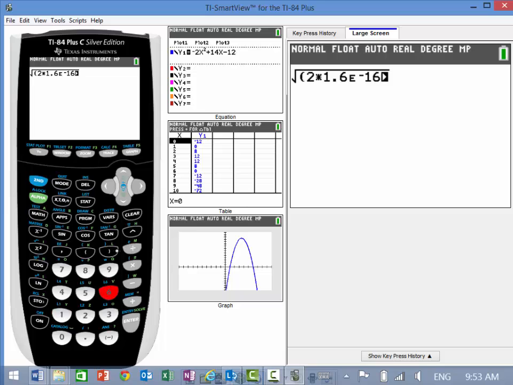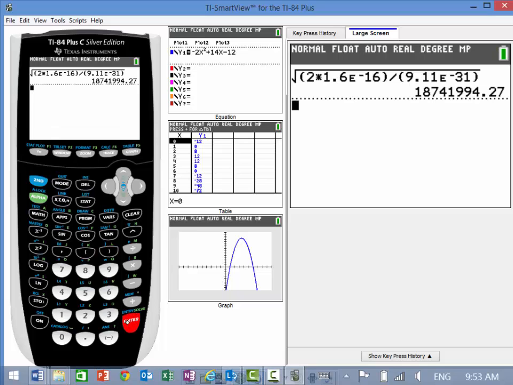Then we're going to divide that by our bottom line, which is just the mass, 9.11 to the minus 31. Then that will give us our particular speed.